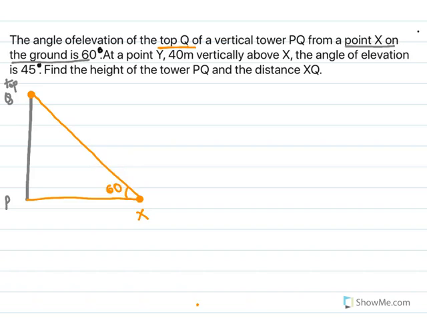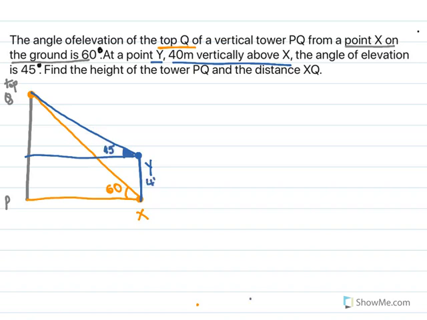Then at a point Y, 40 meters vertically above X. So this is X and I must go vertically above X to this point Y here. The angle of elevation is 45. So from Y again I'm looking at the top of the tower. Now the angle is 45. So this is the horizontal, here is my line of sight and the angle between them is 45.